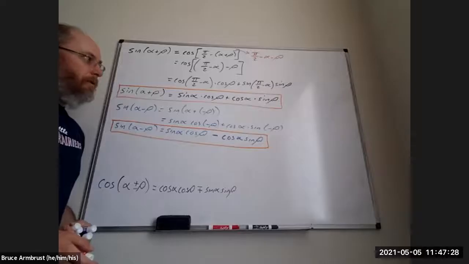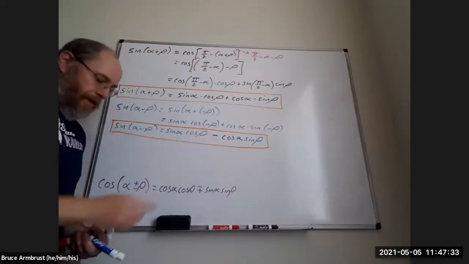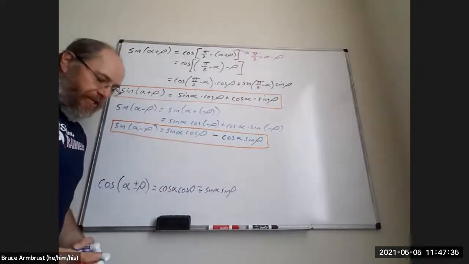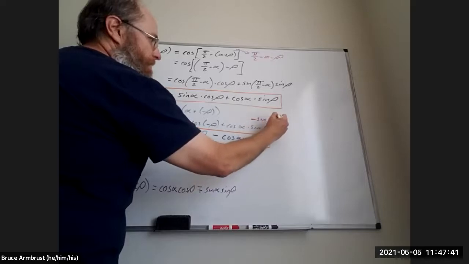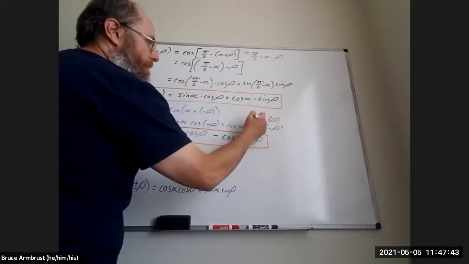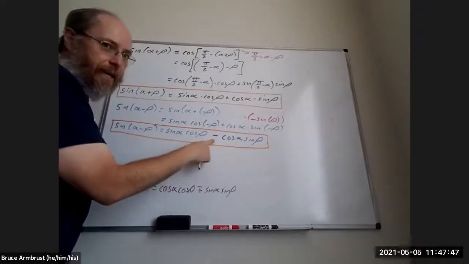How does that positive cosine turn into a negative cosine of beta? So hold on, you mean right here where it went from plus to minus? Yes. The cosine didn't change. It was the sine of negative beta is the same as negative sine of beta. And multiplying by a negative, I just brought the negative out.